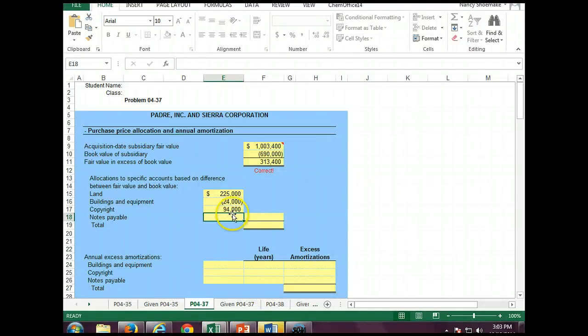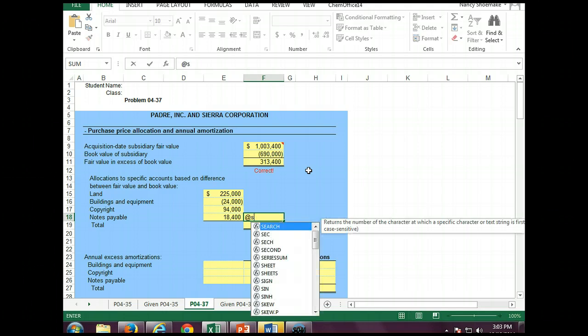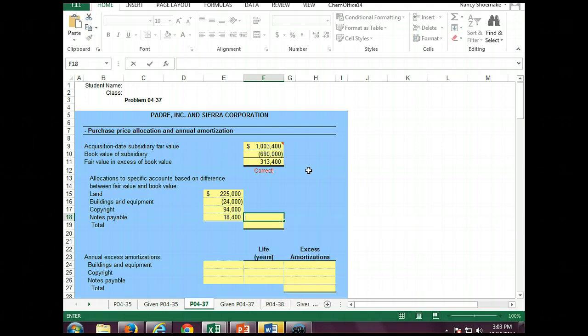Thank you. 18,400. So we have a total here. I think I have to do equal sum. $313,400. Is there any excess to goodwill? None. Okay?